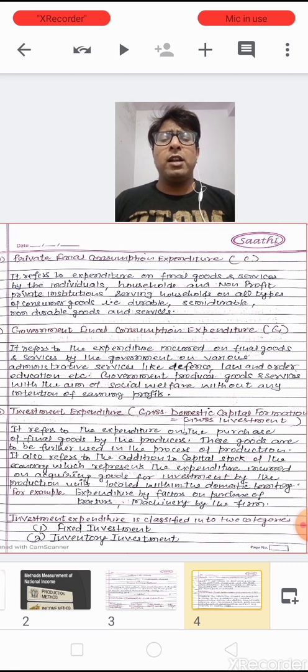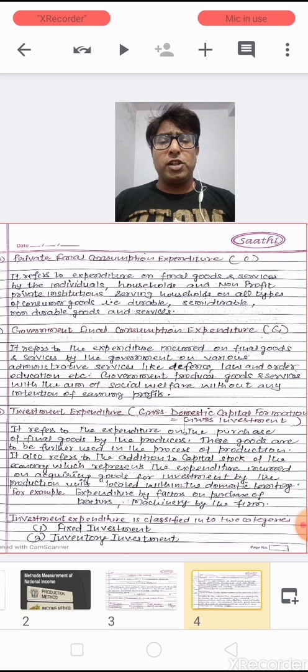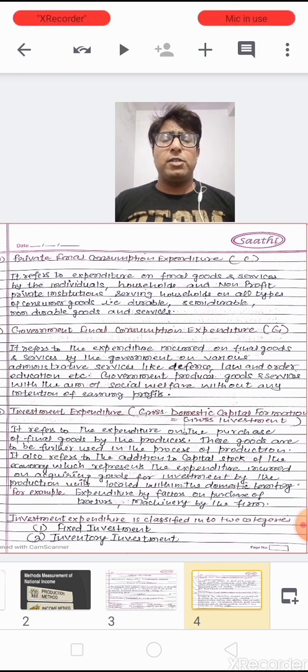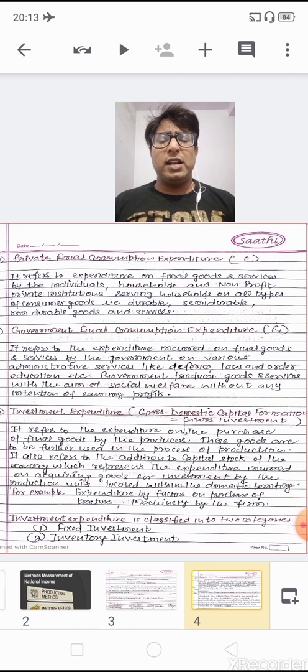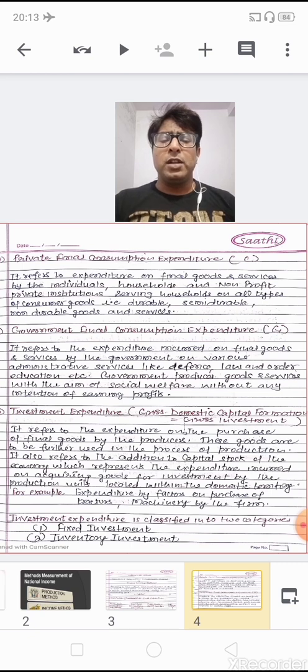Like we are buying various goods and machineries which are needed to increase production. Second is inventory investment, which is basically the change in the closing stock and the opening stock of an economy.